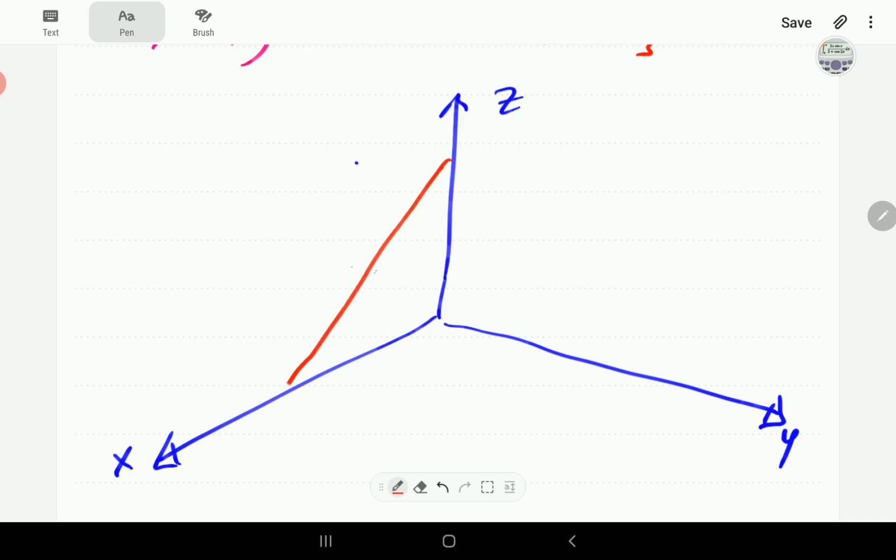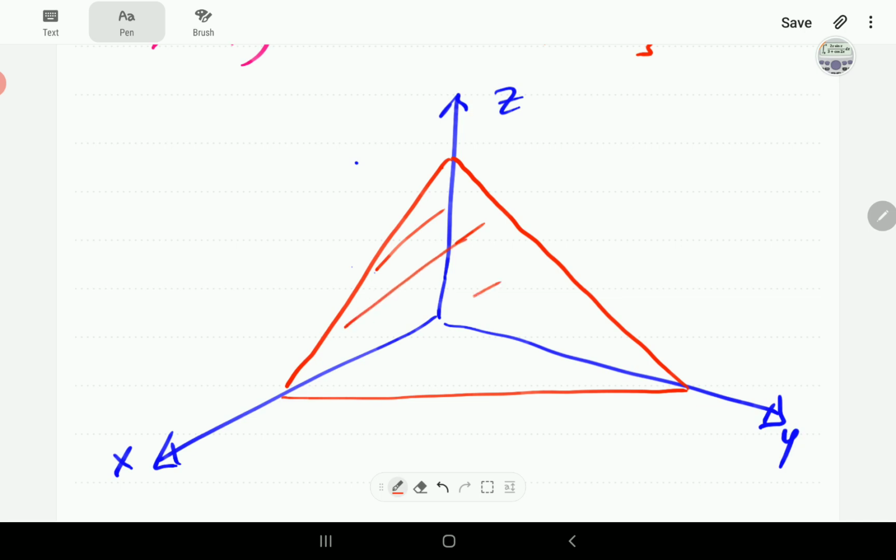So that is a possible, so that is our plane. So the intercepts with the coordinate axes are simply the coordinates of these 3 points here.